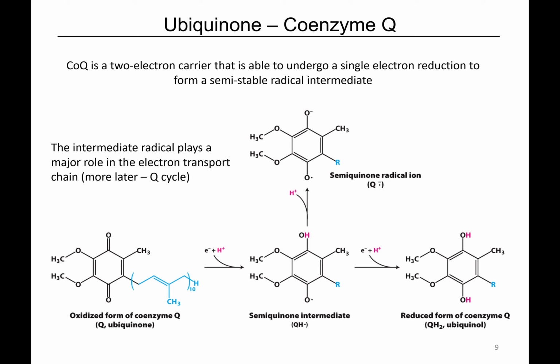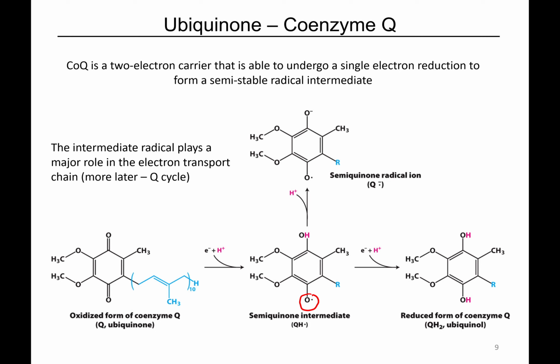It's important to note here that this molecule is absolutely capable of undergoing a single electron reduction. Note that in this intermediate semiquinone, one of the oxygens is a radical and the other one is either an alcohol or a deprotonated alcohol. This actually becomes really relevant.